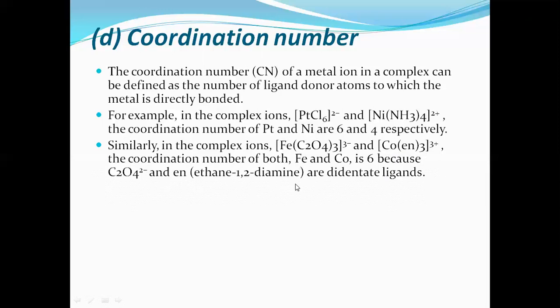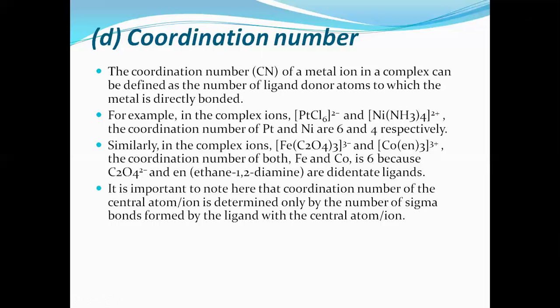That's why coordination number is nothing but the number of sigma bonds present around the central metal atom with the ligands. Clear word you can remember: number of sigma bonds present around the central metal atom with the ligands.